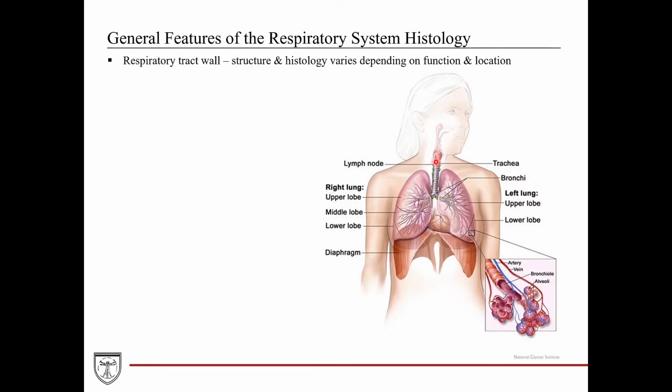But despite some of these variations, there are some features that are shared throughout the respiratory tract. One is the mucosa. Mucosa is a general term that refers to any kind of inside lining of our body. So anywhere inside the body that is exposed to the external environment, like the respiratory tract, our gastrointestinal tract, and urogenital tract, is lined by the mucosa.